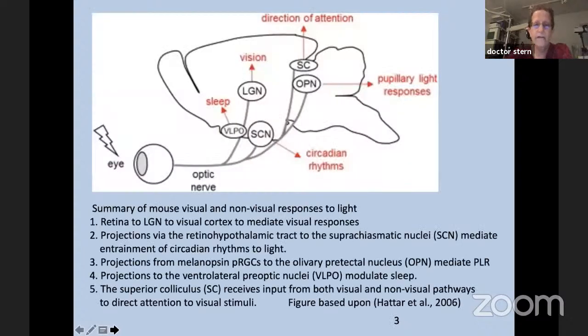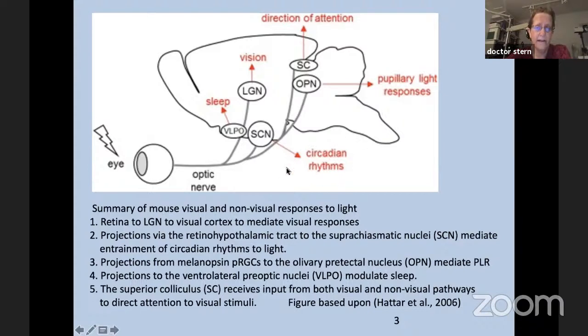So in this picture, it's a mouse model, but it's very much the same in humans. I just thought this picture had some nice touches to be able to understand it better, which is basically what I said: we have light that goes from the eye, and in our case, it regulates our pupillary responses.